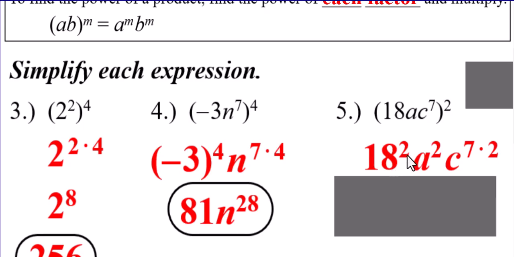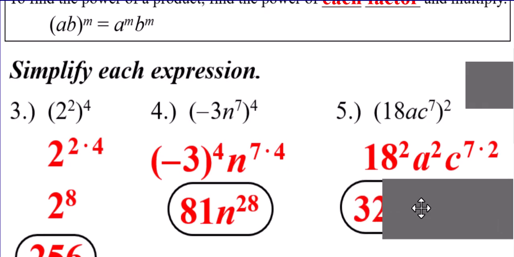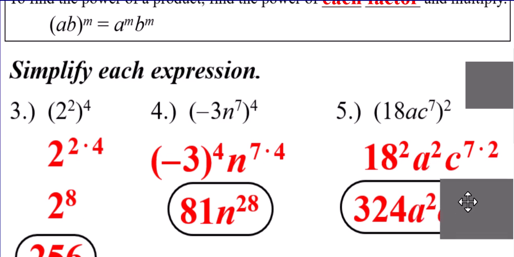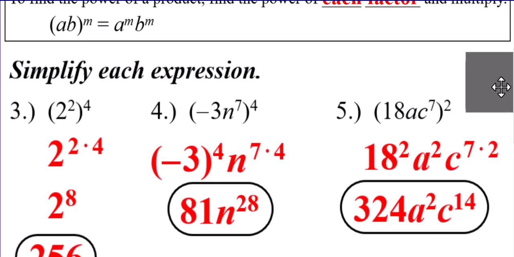Well, you could go off to the side and figure it out, but spoiler alert for later in this unit, you're going to have to memorize your perfect squares, things to second powers, up to 20 to the 2nd power. So you will eventually have this memorized. I promise you, you eventually will. You probably don't yet, but you eventually will. All right, A to the 2nd is not going to change, but C to the 7 times 2, that would be C to the 14th power.